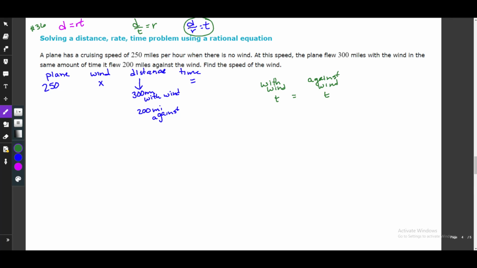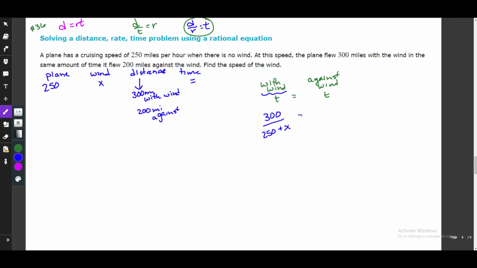So now I can actually look at this left-hand side of it, the distance over rate, and I'm going to look at each case. So with the wind, my distance is going to be 300 miles. Okay. My rate would be the 250, the plane, plus the wind, which is the x.